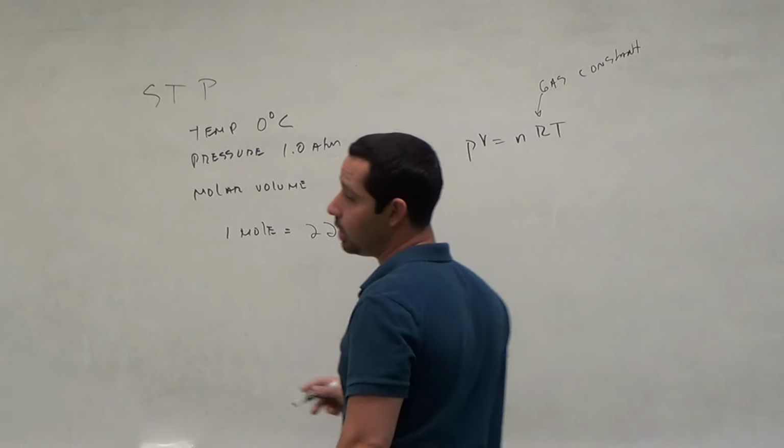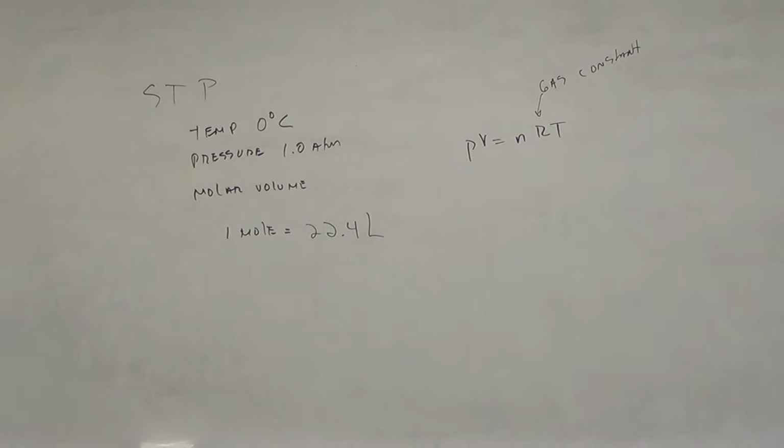I want you to calculate the gas constant. Guys, I'm not asking you how much it is. I'm asking you to calculate it based on what I just gave you. Solve for R, plug in the numbers.